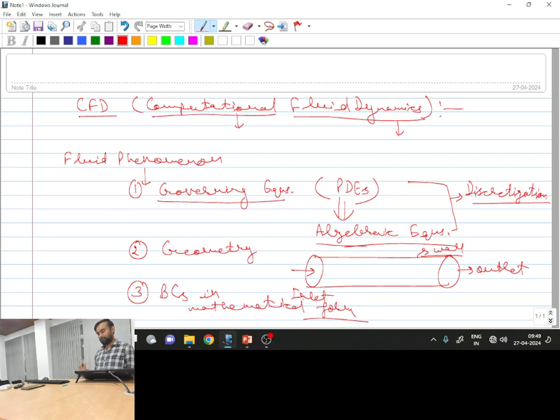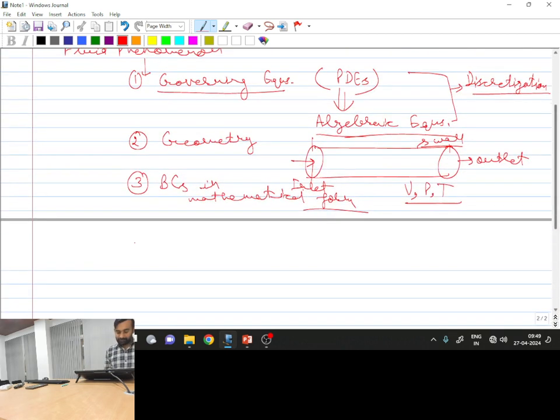The meaning of mathematical form is you need to specify what your field variables are. For the majority of fluid flow and heat transfer problems, your field variables are velocity, pressure, temperature, etc. So you need to specify what is pressure at this point, what is velocity at this point, what is temperature at this face, then what is velocity, pressure, temperature at the outlet. Likewise you need to precisely specify the mathematical conditions, then only your system will actually be able to understand. Okay, is this point clear? So this comes under the category of boundary conditions.